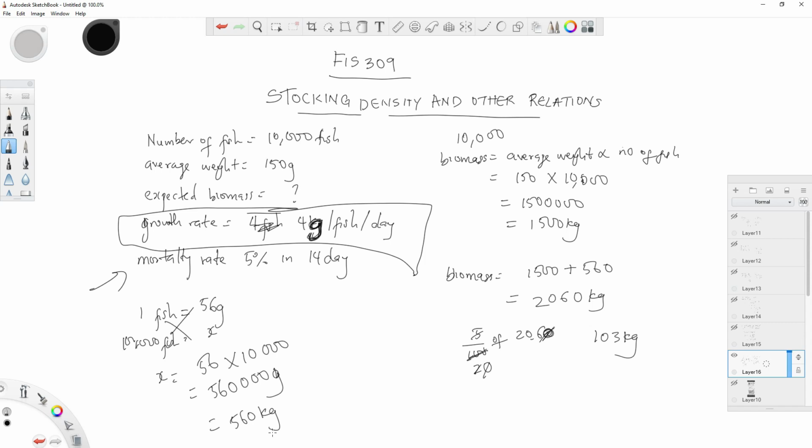So all you now need to do is remove it from the biomass. 2060 minus 103 is 1957 kg. This is the kg that is left after you have taken account of the mortality rate.